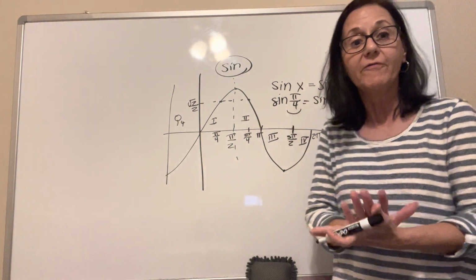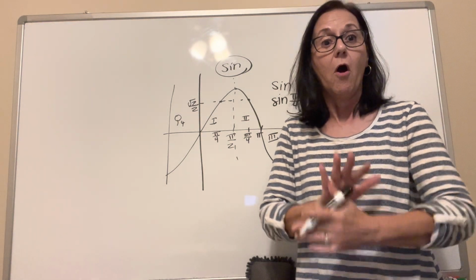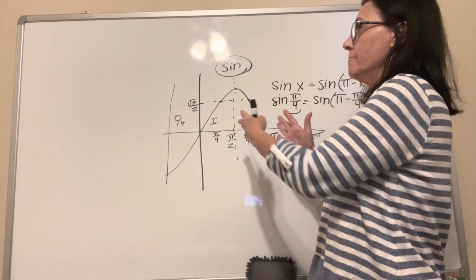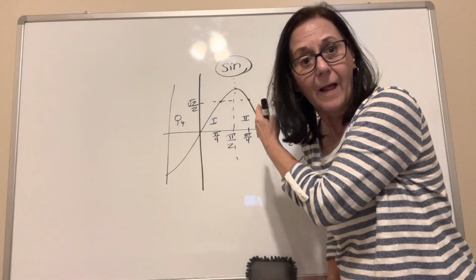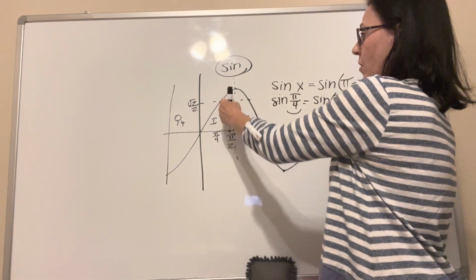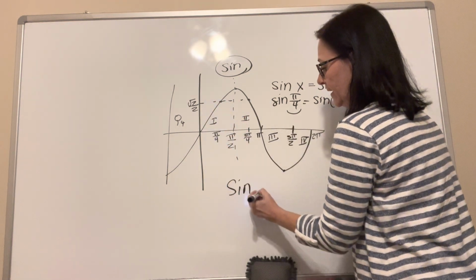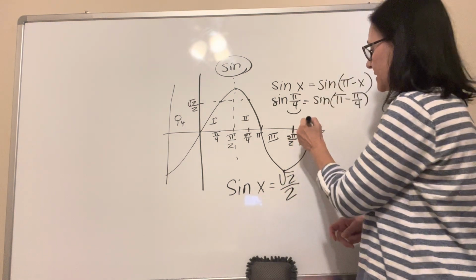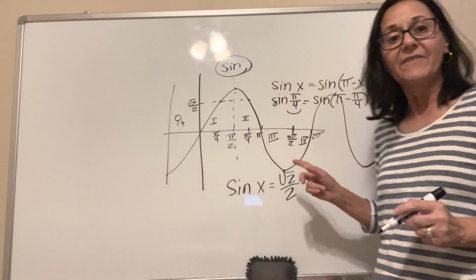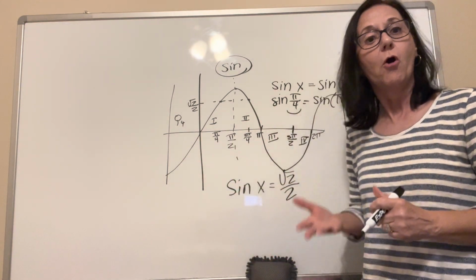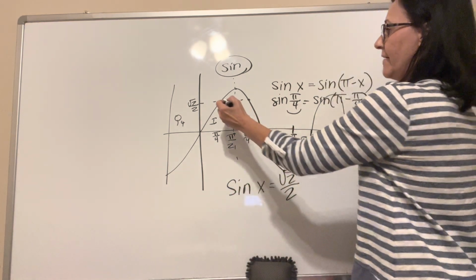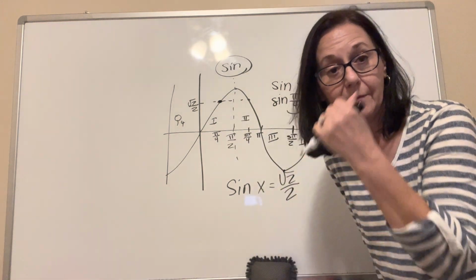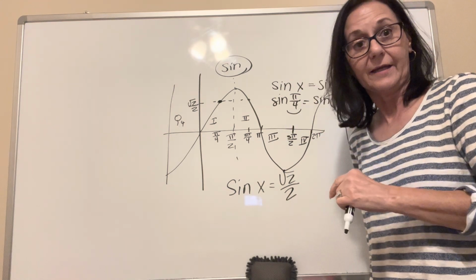So when we are solving for all the possible values of the sine of any angle, remember, there are an infinite number of solutions for the sine of some radians equals the square root of 2 over 2, because this graph is cyclical. It repeats over and over and over again, at every 2 pi, because that is the standard period for a sine.